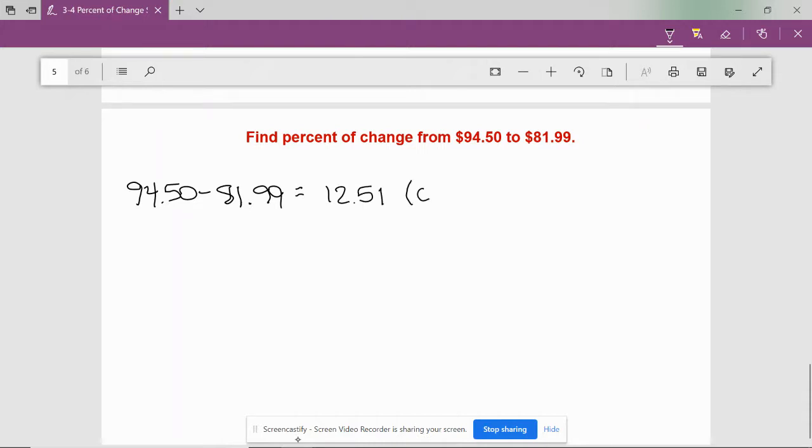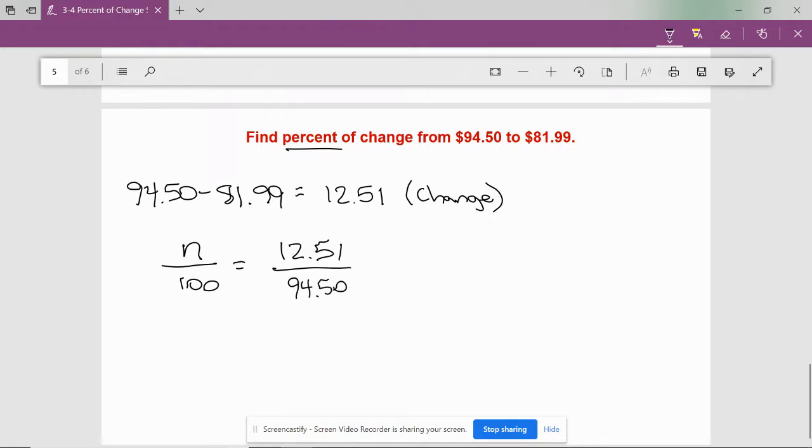That's our change. Then we need to find our percent, so that variable is going to be over 100, equal to our change, $12.51, over our original price, which is $94.50. That's what our problem should look like when we set it up.